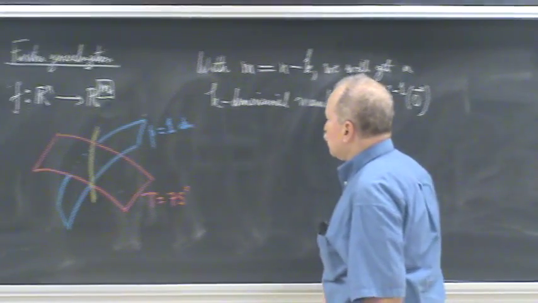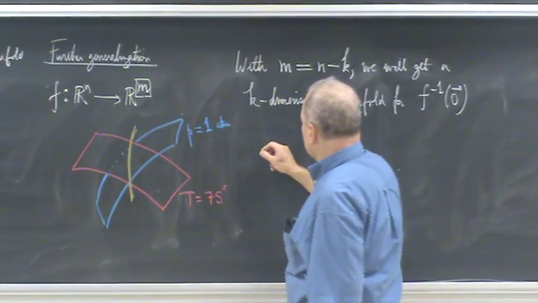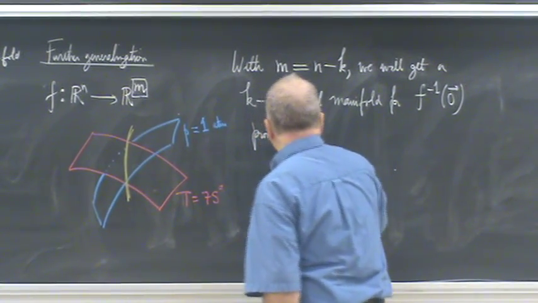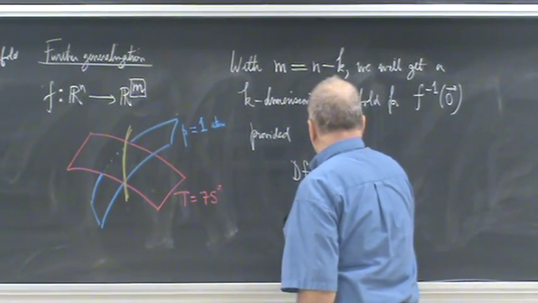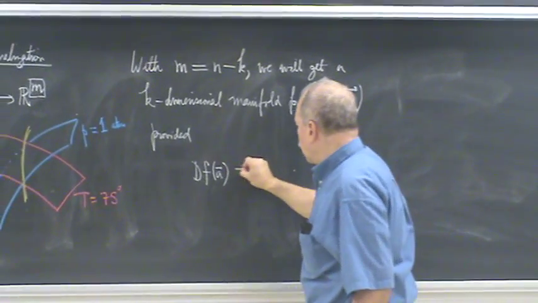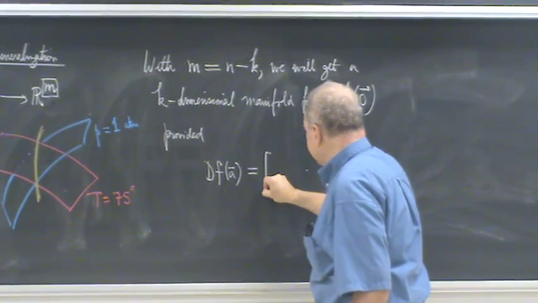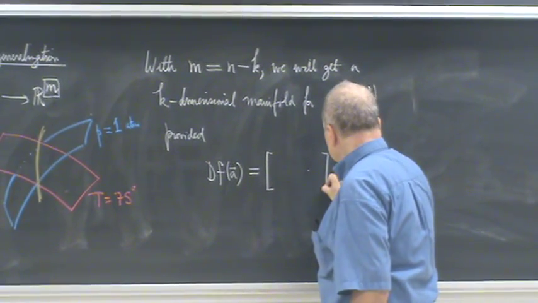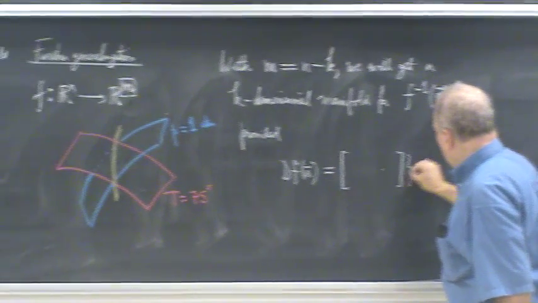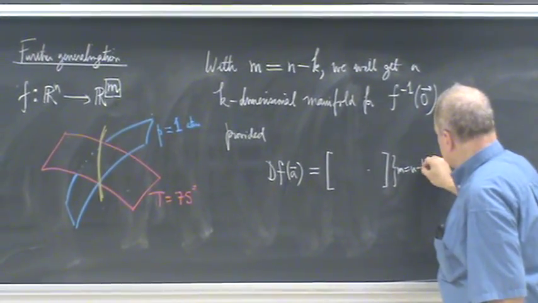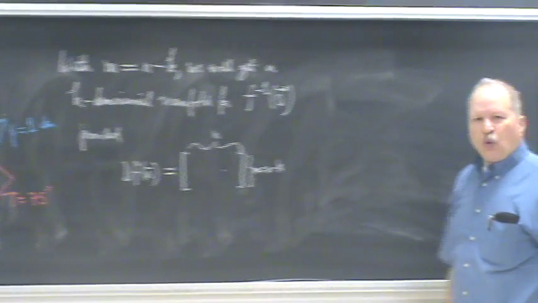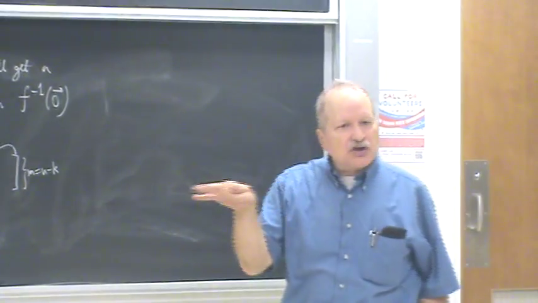What do you think I should look at to turn back to linear algebra? Well, you should take df to do the best linear approximation of your function. That's going to be a what by what matrix now? So m by n, where we're saying m is n minus k. And if you want those, think of the linear case now.